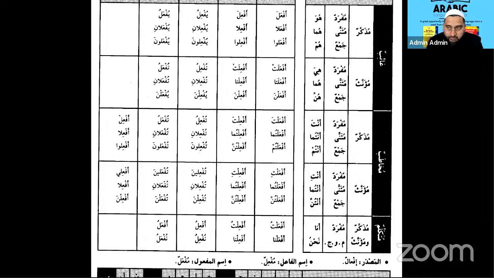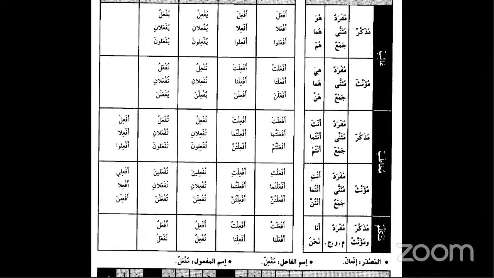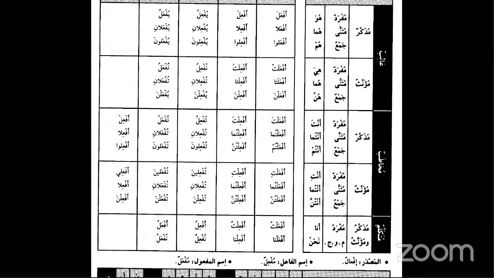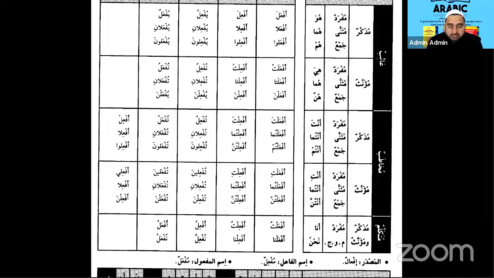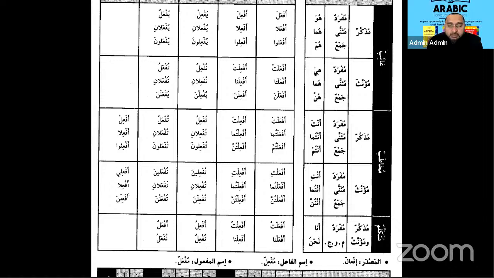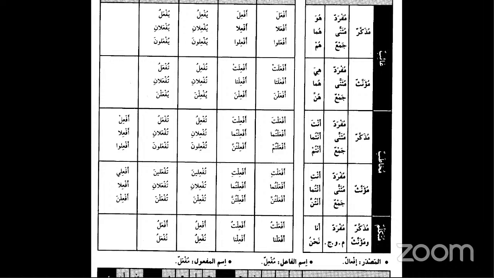Does that make sense? Yes. So, for example, the word kharaja. You remember kharaja in Book 1 means he exited, correct? Now, if that verb kharaja comes on this pattern with an additional alif, it becomes akhraja.